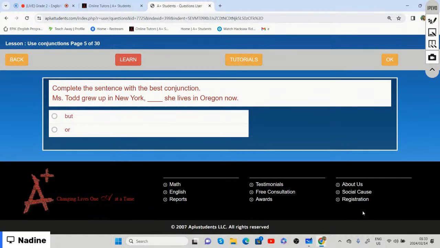And we see Miss Todd grew up in New York. Do we say, but she lives in Oregon now? Or do we say Miss Todd grew up in New York, so she lives in Oregon now?